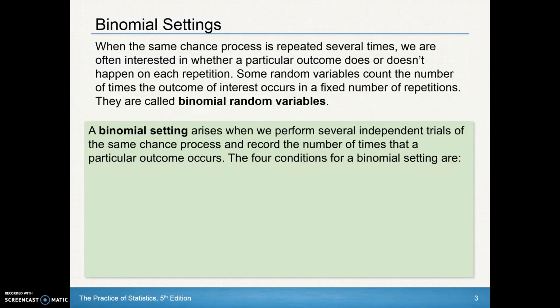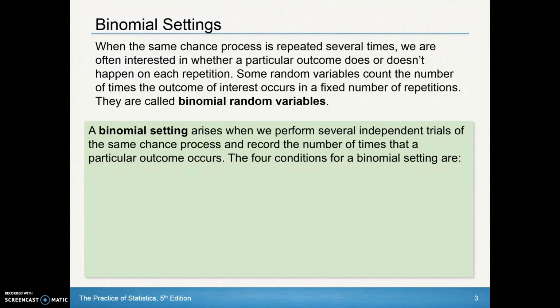And I might be interested in what's the probability you make 7. So I'm interested in a particular outcome and whether it happens or doesn't happen. So some random variables count the number of times the outcome of interest occurs in a fixed number of repetitions. So again, I had a fixed number of repetitions. I had 10 that I was going to make you shoot. So these are all called binomial random variables.